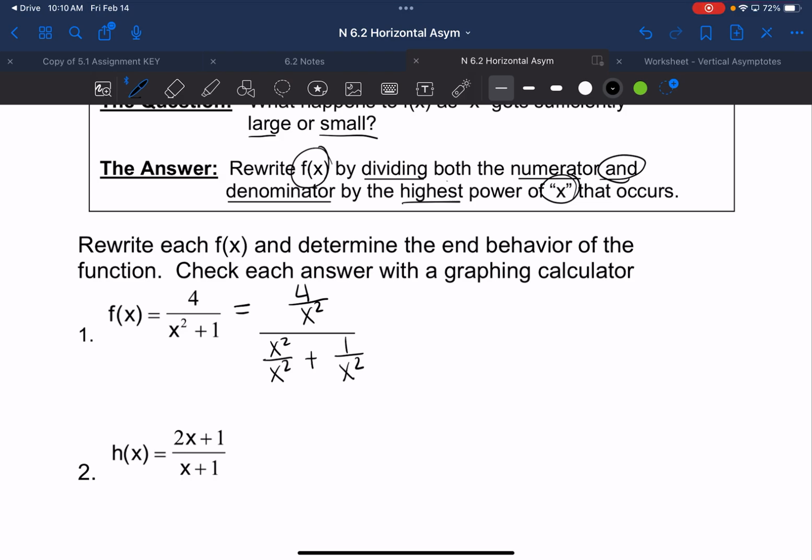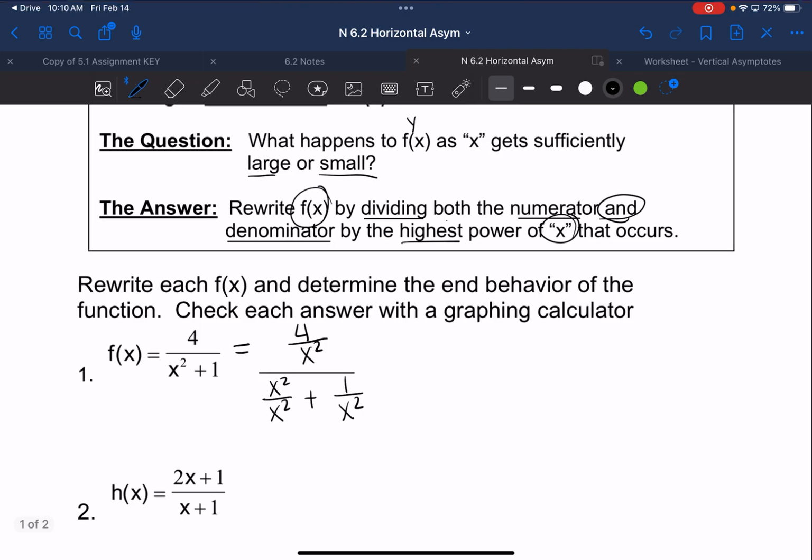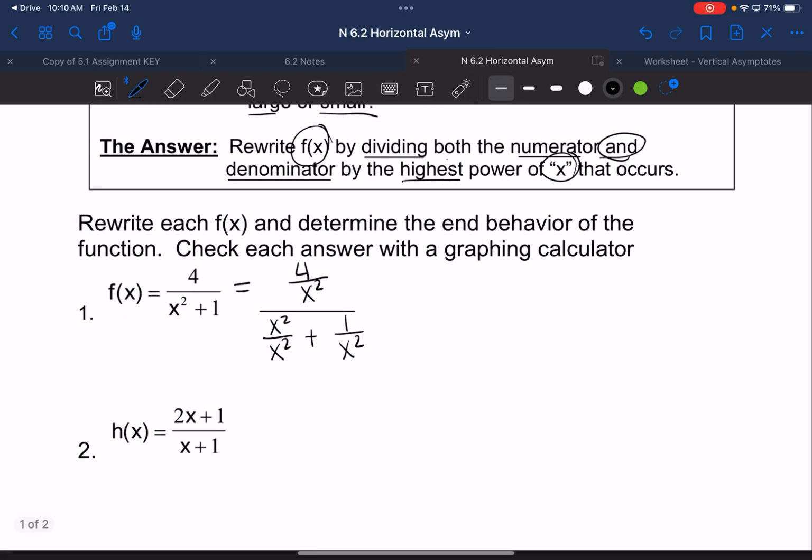All right. So if we were to say that the value of x is getting either really, really big or really, really small, they want us to determine what we think would happen. Okay, well, if x is not that big, let's say x is just 1. In the top, that would become 4 over 1, which is just 4, right?